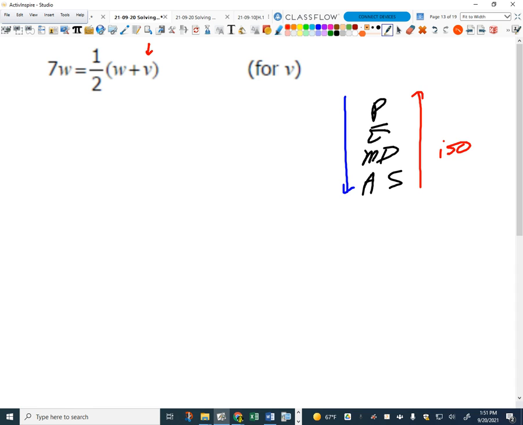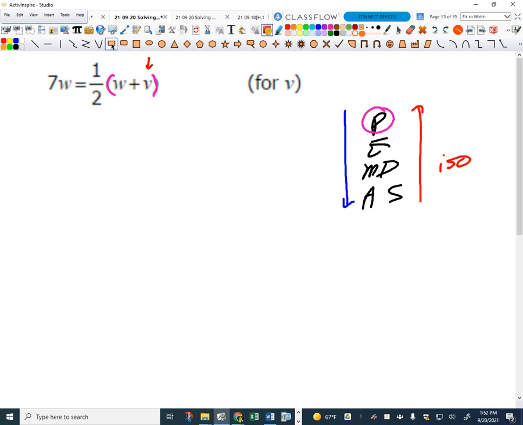But I will point something out. Notice that when we use inverse operations, we don't get to the parentheses until the last step. Well, I have some parentheses there, don't I? So I don't even get to worry about what's in the parentheses until after I take care of everything outside of the parentheses. So effectively, we could just cover up what's in the parentheses and not even worry about it for now.